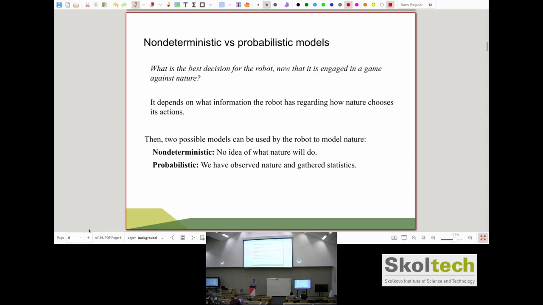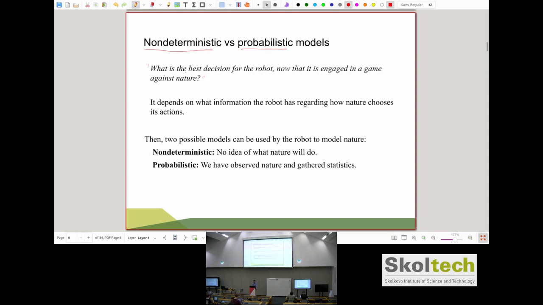Okay. Now let's define what is probably the most important distinction. It could be games, as we said, simultaneous or sequential, but we need to make a distinction exactly on how nature operates. And it's going to be these 2: non-deterministic versus probabilistic models. Let's see what the motivation for this is.